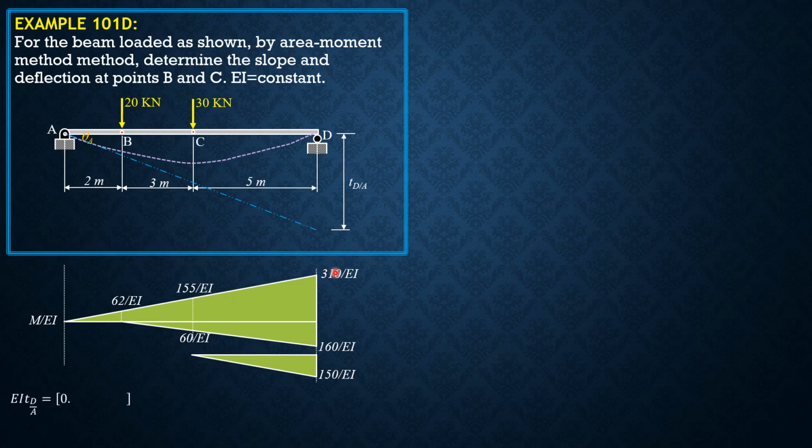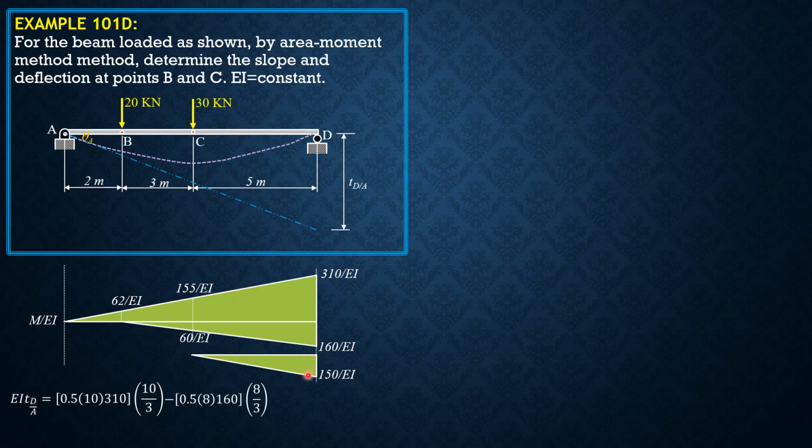So EI times the deviation of D relative to the tangent at A is 0.5 of 10 times 310 over EI. The centroid of the triangle is here, and its distance from D is 1/3 of 10, so that's why we have 10/3. Then minus this area, 0.5 of 8 times 160 over EI times 8/3.